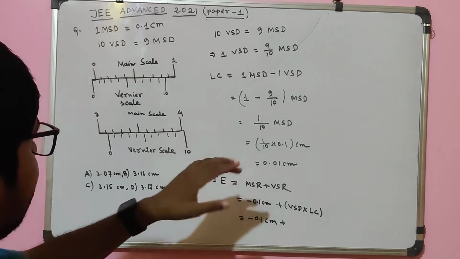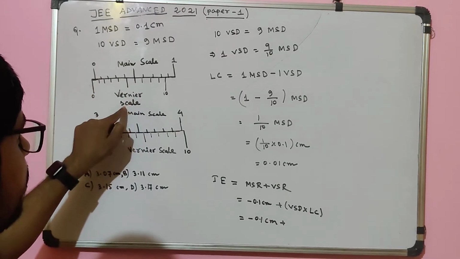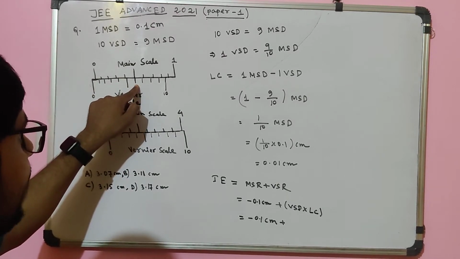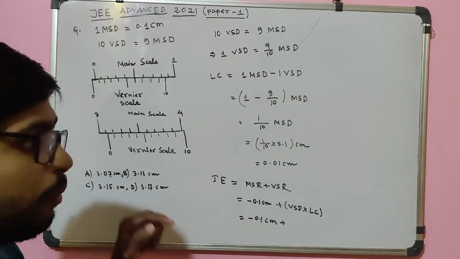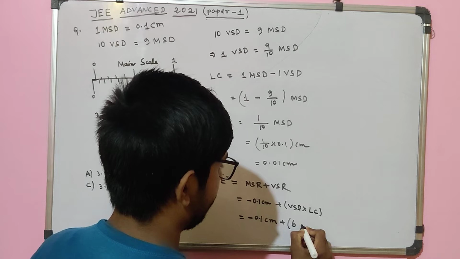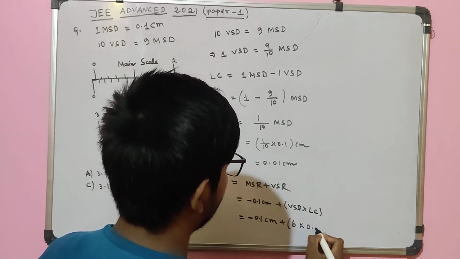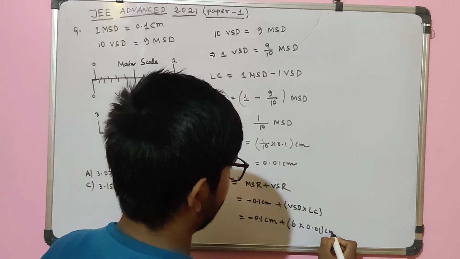We can clearly see that the first, second, third, fourth, fifth, sixth Vernier scale division is exactly coinciding with the main scale. So the Vernier scale division is surely 6, and the least count I have found here is 0.01 centimeters.